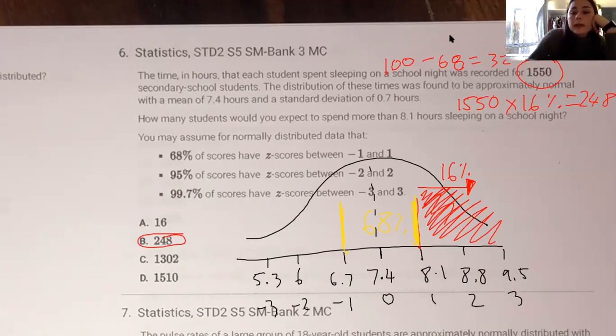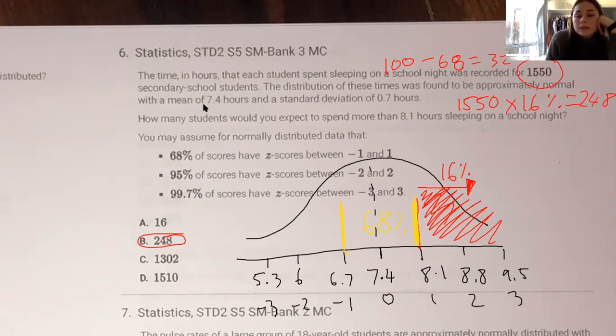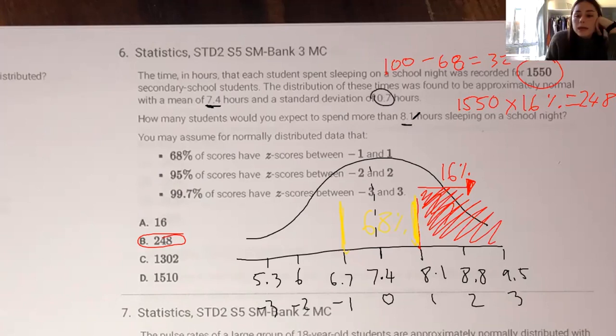So if you can't be bothered to draw the diagram we just drew, then you'd have to do it in your head. You'd have to think that 7.4 plus 0.7 will give you 8.1, so 8.1 is one standard deviation above.